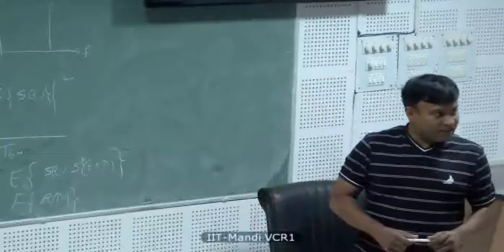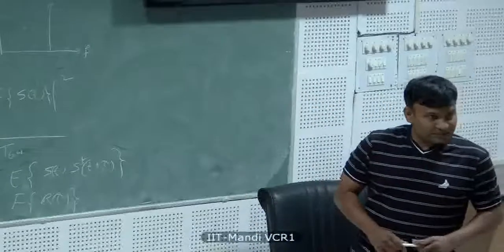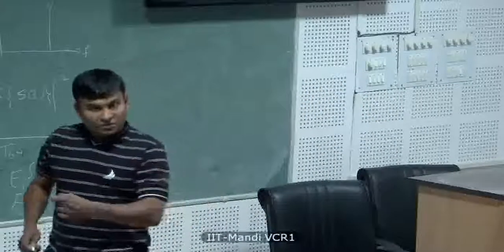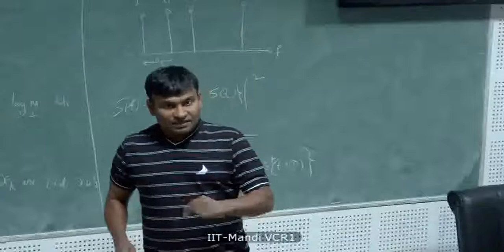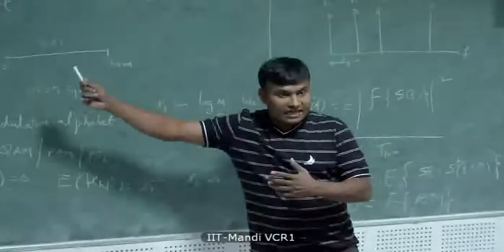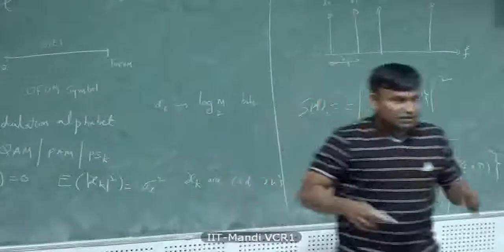You will get the average power spectral density. That's what, if you notice, I am saying, what is called average power spectral density. It's not just power spectrum. It is the average power spectrum, because if you just take the Fourier transform, there is still randomness in it, and you have to average over all the random variables involved.